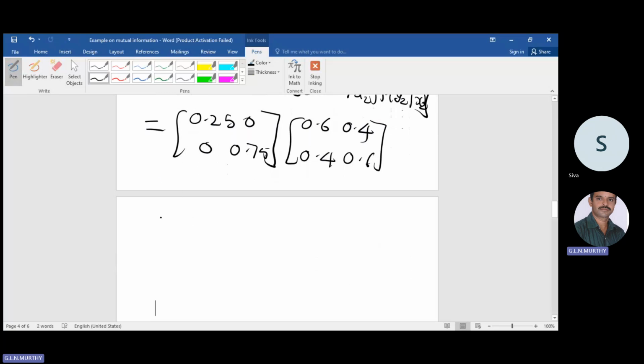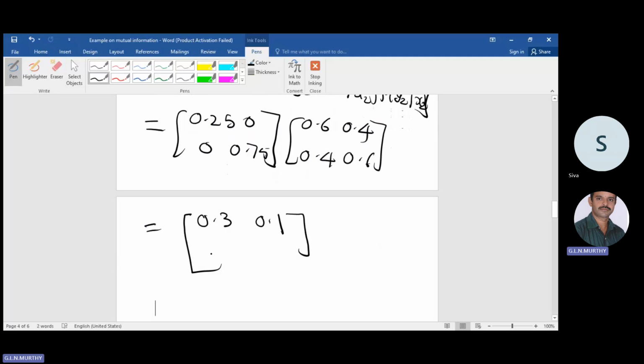Upon multiplying all these values, you get your joint probability matrix. The first one is 0.25 into 0.6, and correspondingly this is 0.1, and this is 0.75 into 0.4.